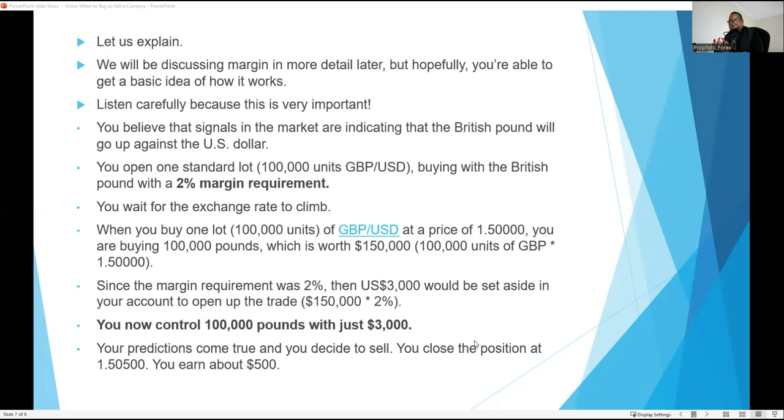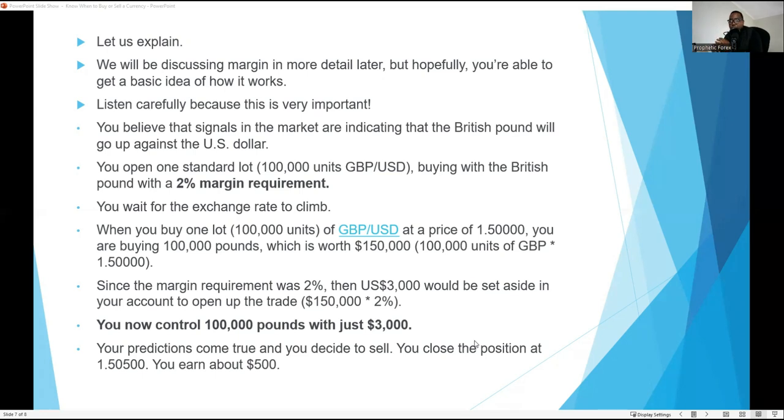That means that the 100 units of GBP/USD are actually multiplied by the price or the exchange rate. And since the margin requirement is only 2%, 1:50, that means we're actually taking 3,000 US dollars. That is leverage for you to trade. So you may have a small amount, and they're actually empowering you with 3,000 to open that trade of 100 units.